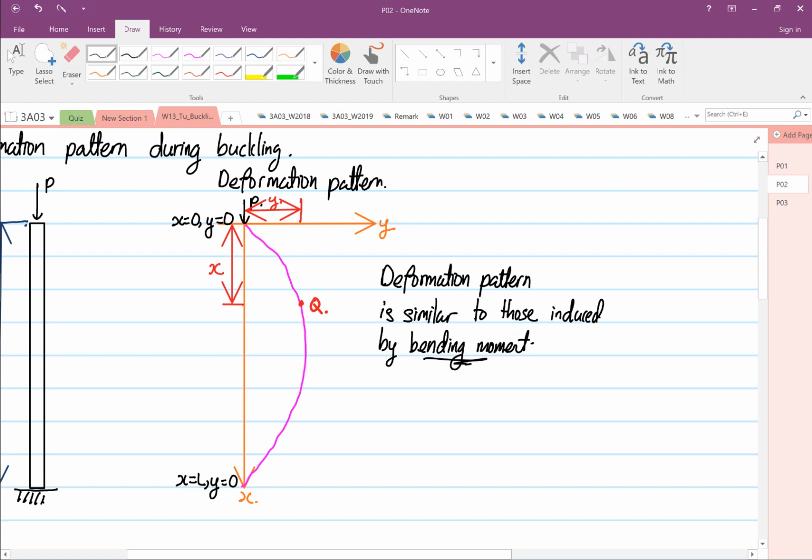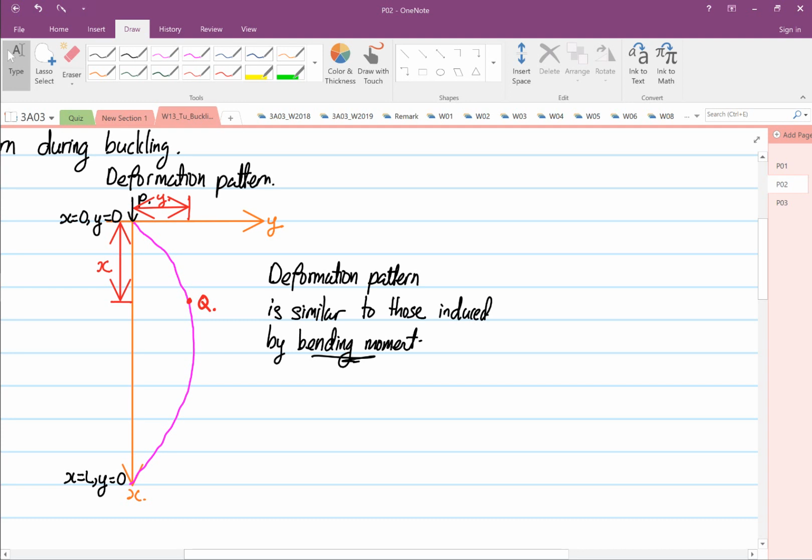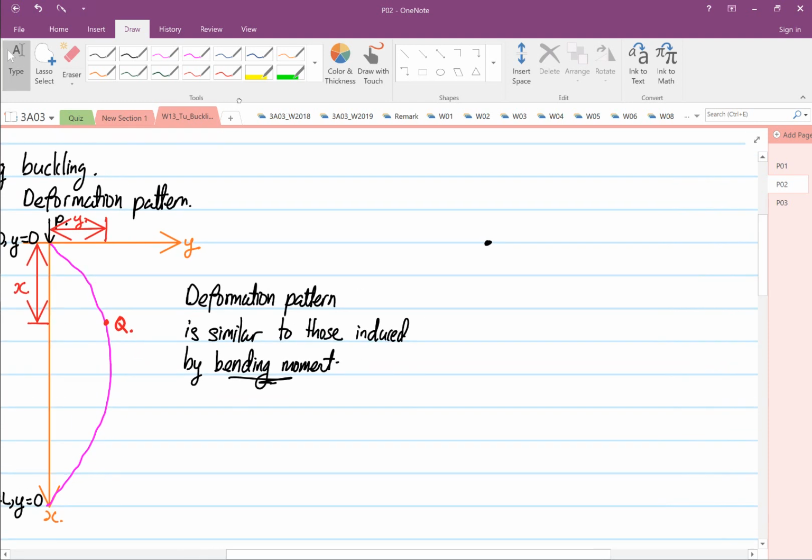So what do I mean by that? If I draw a point down here, in terms of axis, this is 0, 0, and then we reach point Q. Your deformation looks like this. That is how your structure deforms, and this is our point Q.